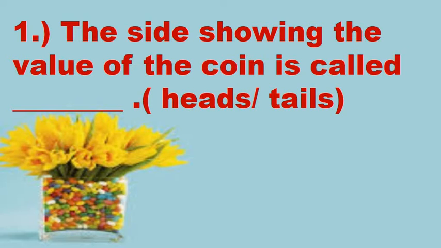Options are heads or tails. Now tell me, what will be the answer? Is it heads or tails? Where you can see the number value of the coin, what is it called?